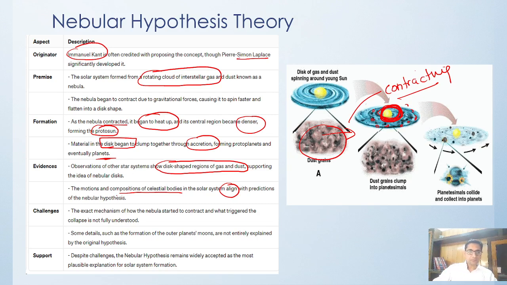But the exact mechanism of how this nebula started, that means where this cloud came from, is still not fully understood. And even some outer planets we are not able to explain under this theory. There are a lot of challenges, but it is also a widely accepted theory of solar system formation.